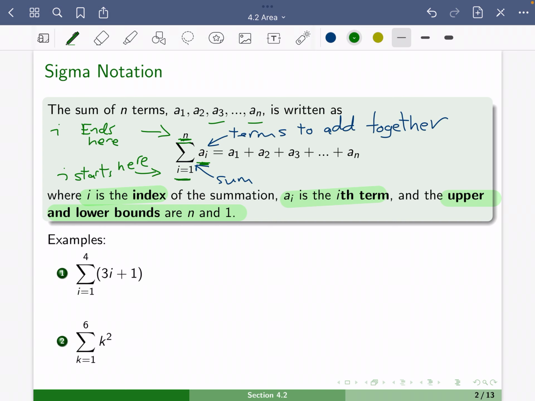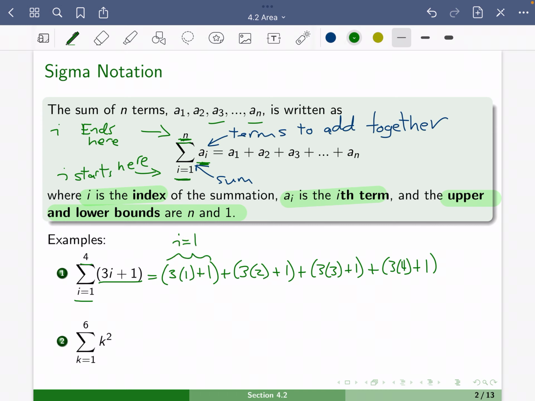Here we want the sum from i equals 1 to 4 of 3i plus 1. So I'm going to write this out. We would have 3 times 1, plugging in 1 for that value of i, plus 1, plus 3 times 2 plus 1, plus 3 times 3 plus 1, plus 3 times 4 plus 1. So we're adding all of those terms together.